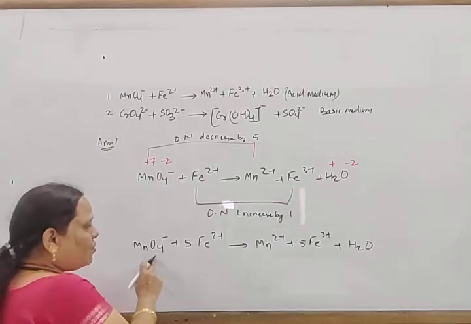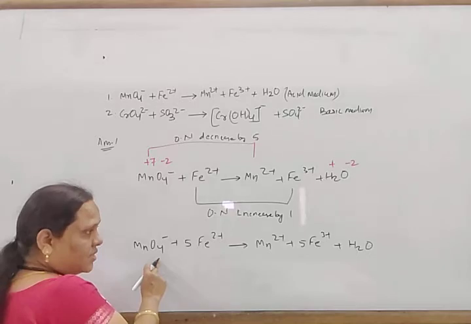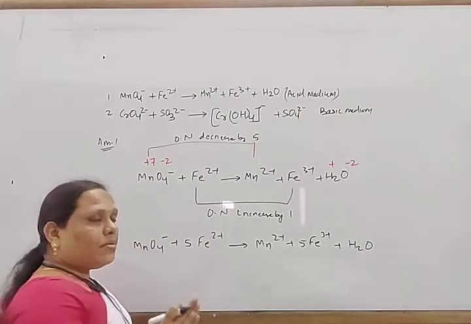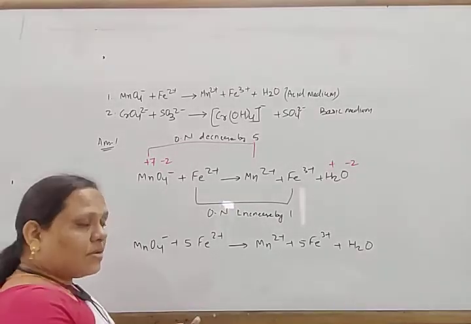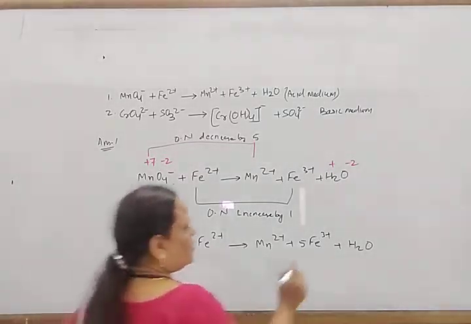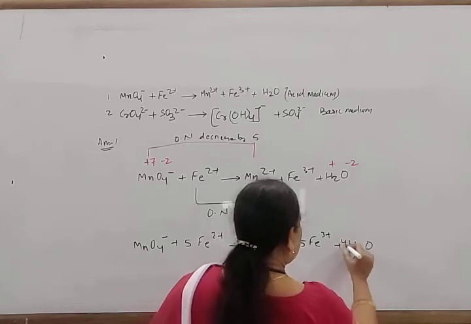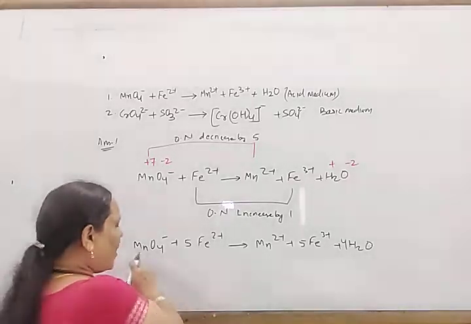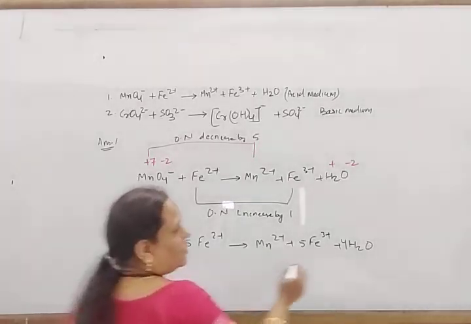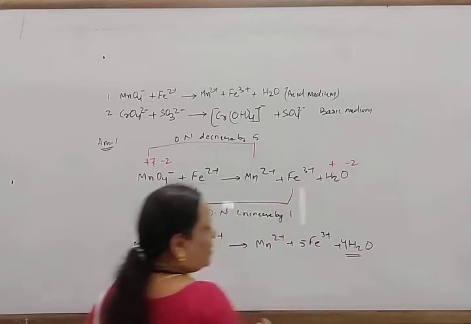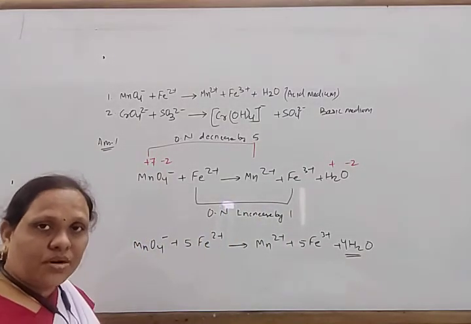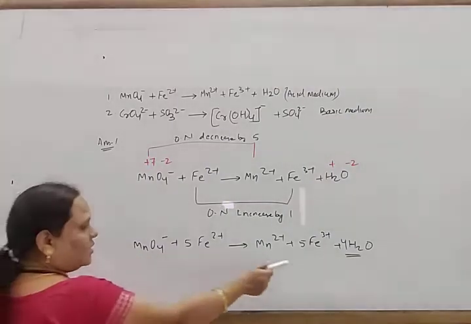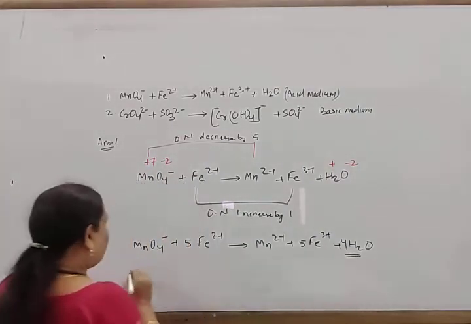Here in MnO4 minus there are 4 oxygen atoms, and here only 1 oxygen atom. I have to add extra 3 water molecules on this side, so the total water molecules should be 4H2O. And look at hydrogen, it is not there on the left hand side. There are 4 H2 given. To balance hydrogen in acid medium, I have to add H plus: 4 into 2, that is 8H plus.